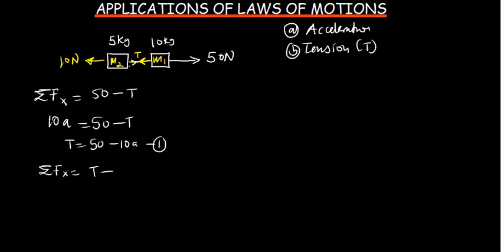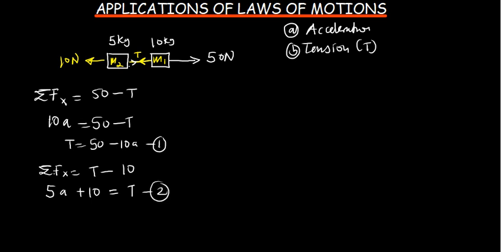You have got a backward force of 10 newtons. Net force, we know that is given by mass times acceleration, but the mass is 5 times acceleration. I'll take this 10 to the other side of the equation, it becomes positive 10, and that is going to be equal to the tension alone here. This is equation 2.